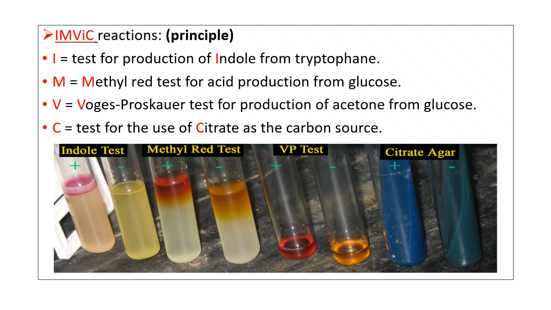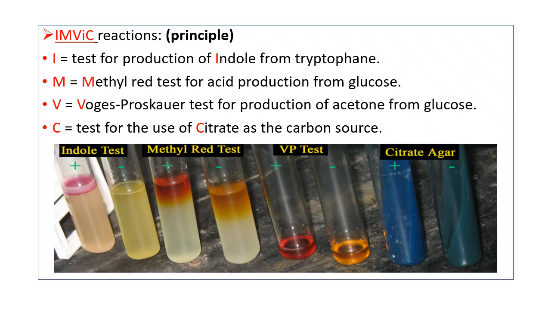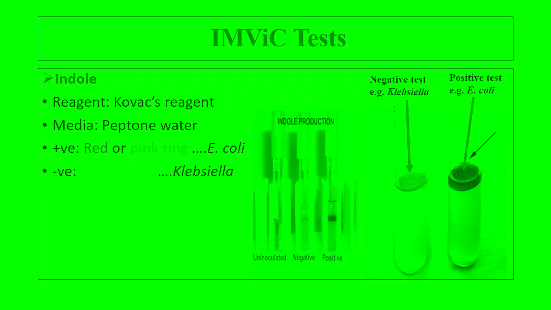And Citrate detects the ability of the microorganism to use citrate as the only carbon source. The second I in IMViC is extra, just to make the name easier to read, and does not represent any test. Now I will explain each test.